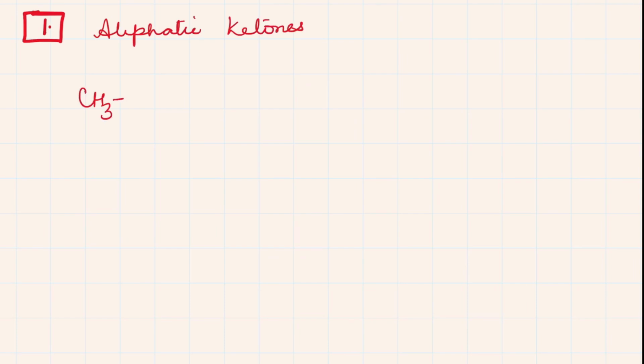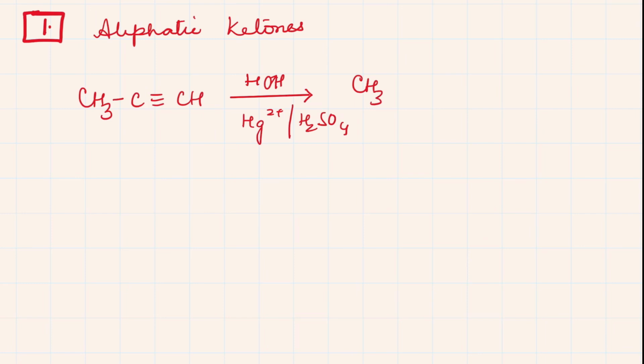For aliphatic ketones, the first method was already taken up in the previous lecture. If you take any higher alkyne other than acetylene and you perform hydration, you add water in presence of Hg salt and H2SO4, it is a simple Markovnikov addition, and on the same carbon you get an enol, which tautomerizes to give you ketones.